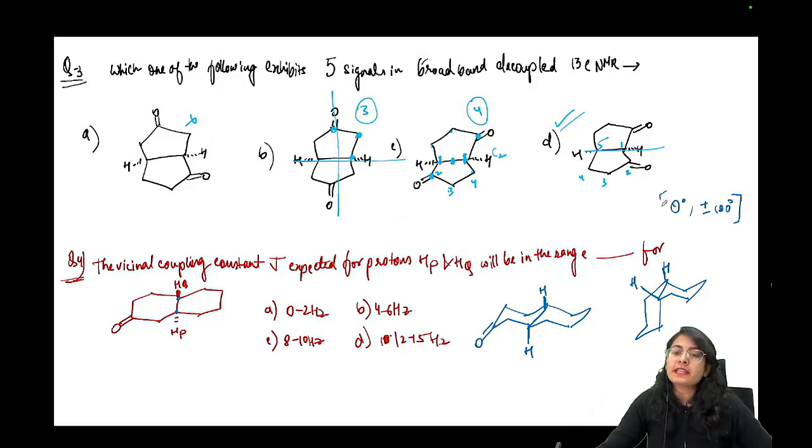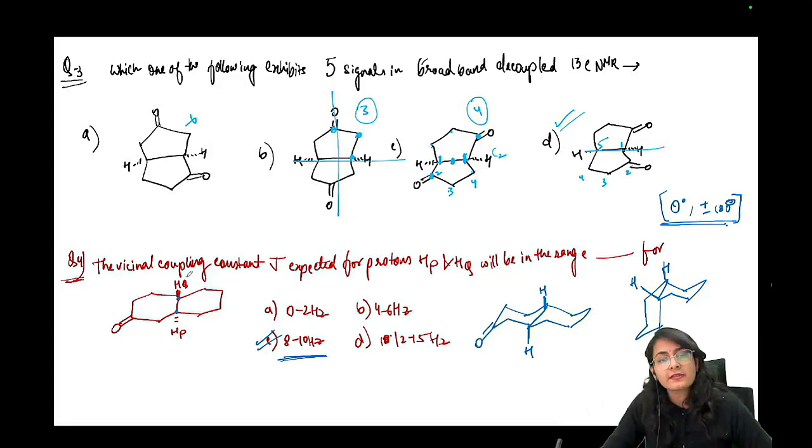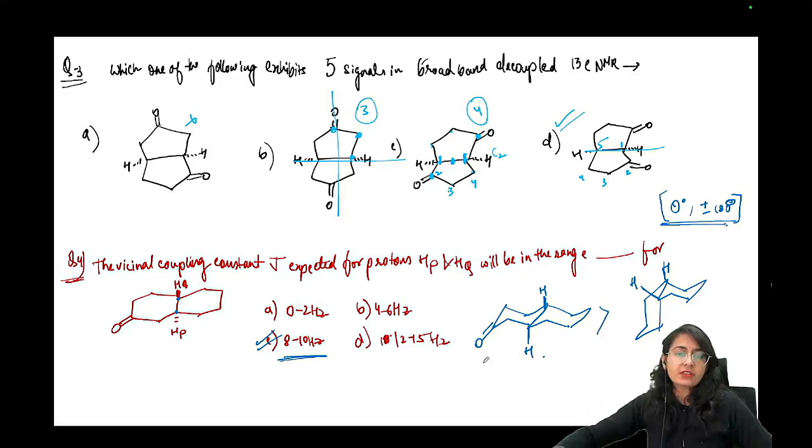This is the best angle according to the Karplus curve for the coupling. So C is the correct answer. Yes, for this one C is the correct answer. If they ask for this one, we will have a lesser value as compared to this. Okay, got it? Let's move ahead, guys.